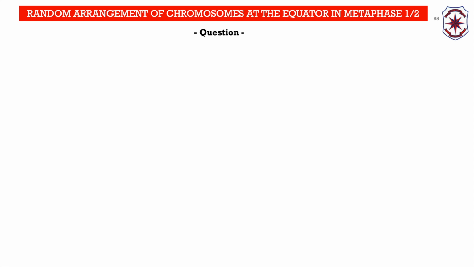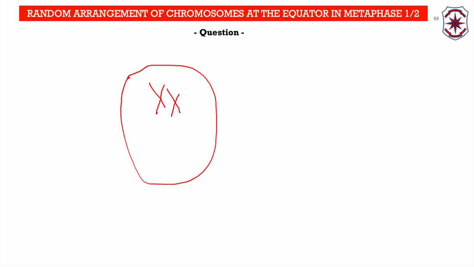Okay, guys, now here we are describing how random arrangement of chromosomes at the equator of the cell during metaphase 1 or metaphase 2 leads to genetic variation. Just a reminder from lesson 2, we said that during metaphase 1, if you can still remember, homologous chromosomes will align at the equator of the cell in pairs.